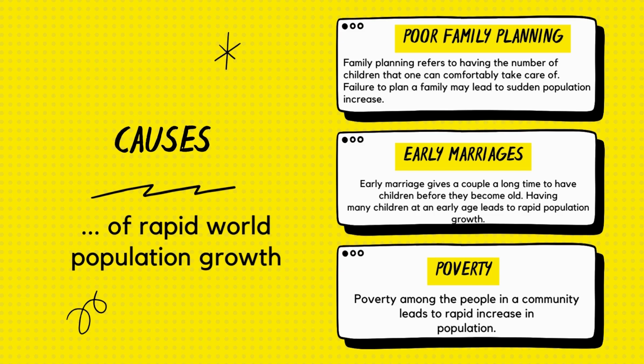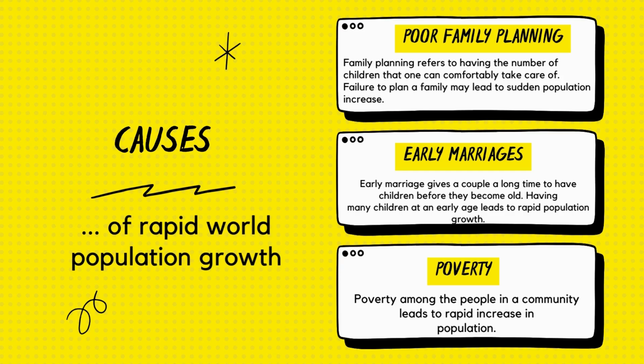Failure to plan a family may lead to a sudden population increase. Early marriages give a couple a long time to have children before they become old. So having many children at an early age leads to rapid population growth.